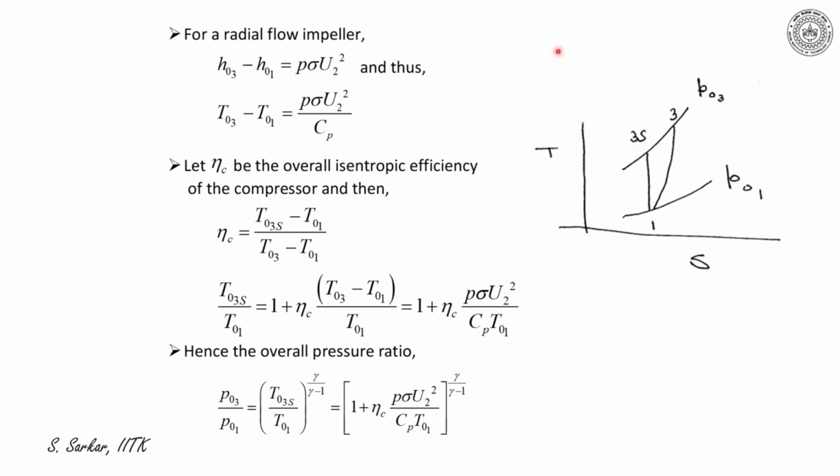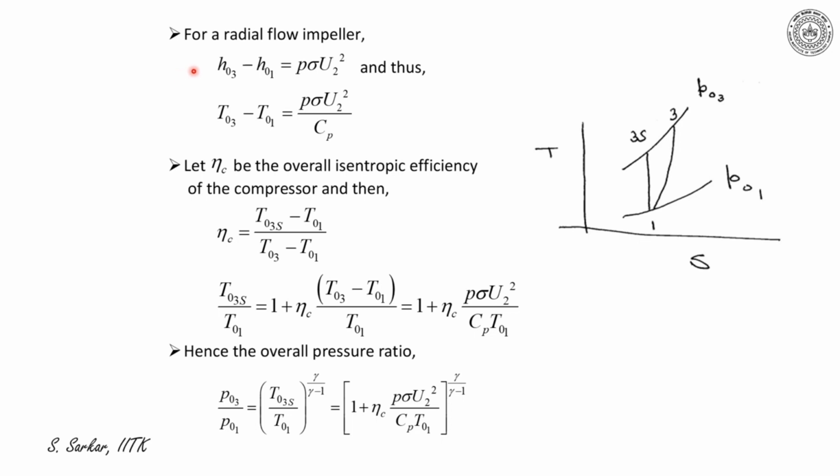and thereby I can write for a radial flow impeller H03 minus H01 is equal to P sigma U2 square, where P is the work done factor, sigma is the slip factor, and U2 is the blade speed at exit.